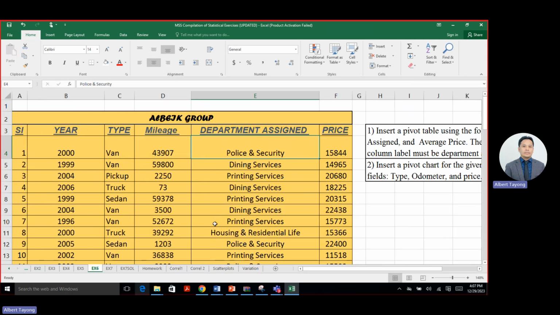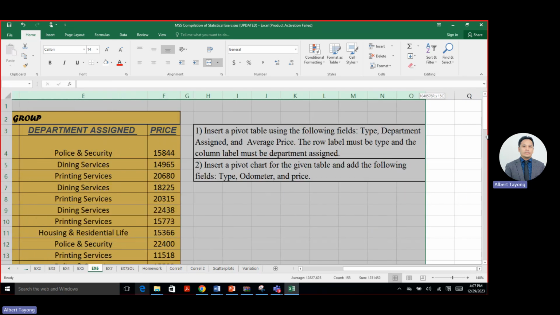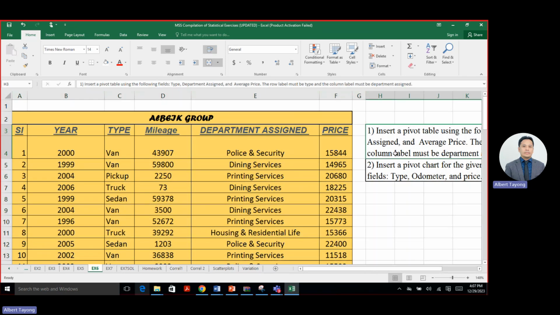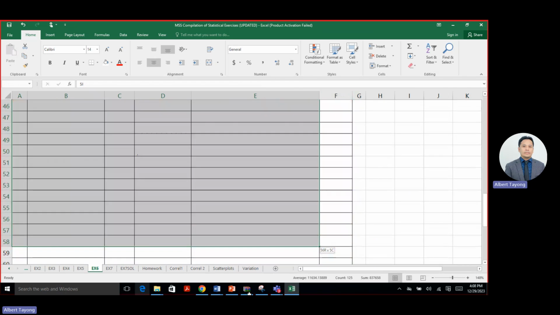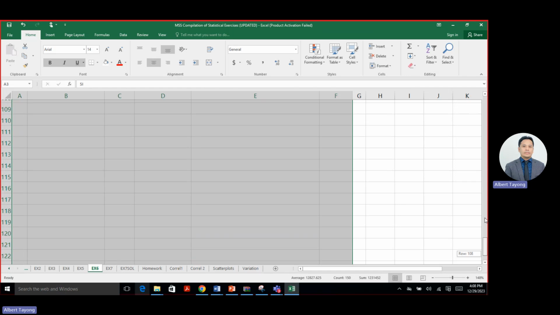Complex data means we have different columns like this. So we can keep on extending, we can add more columns to the right. Even if you have 20 columns or 50 columns, or thousands of rows, pivot table can easily summarize and manage the data.